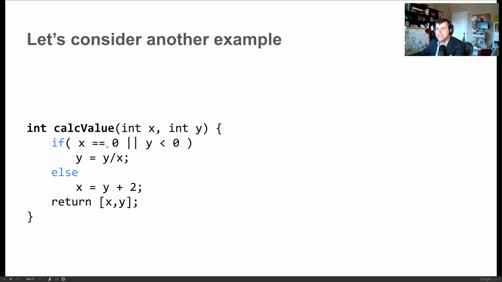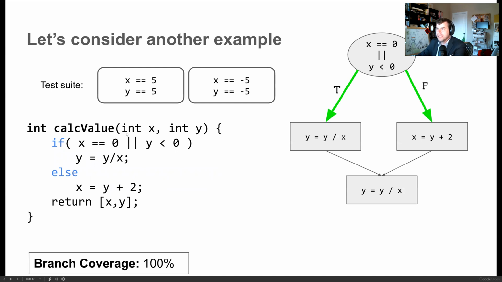So either of these conditions could regulate whether that branch is taken or not. And so again, let's make our representation here. So you can see our control flow graph would look something like this. And I could take this if it's true and take this if it's false. And then I would return.